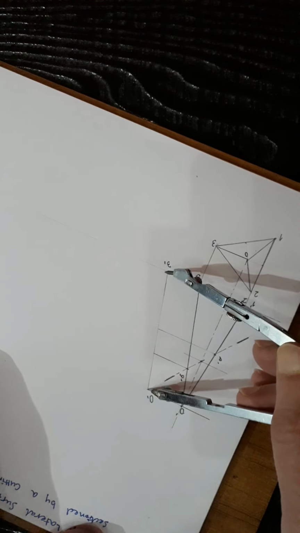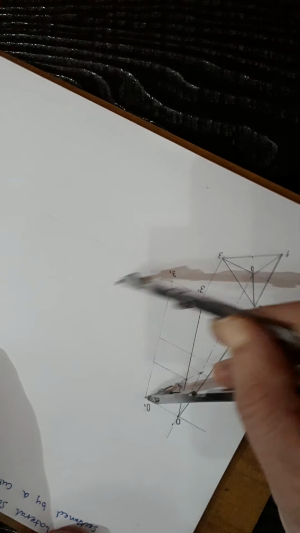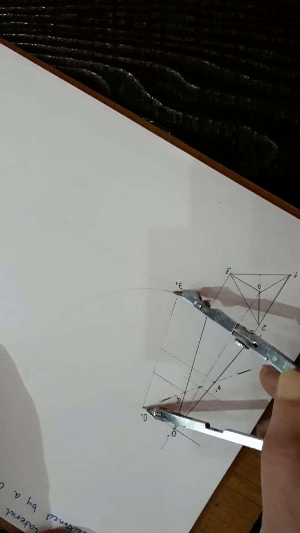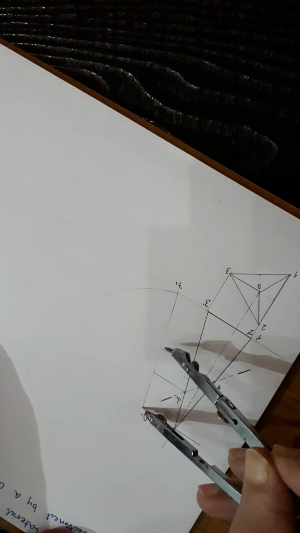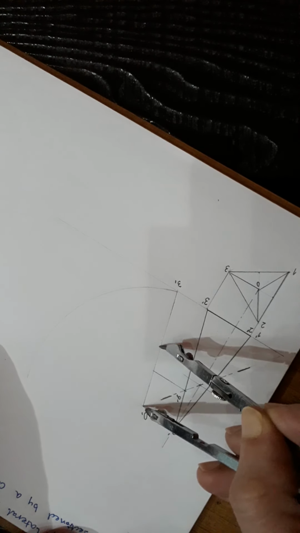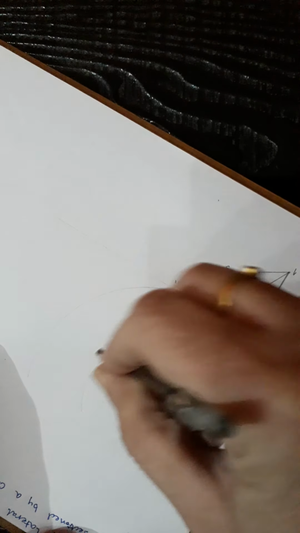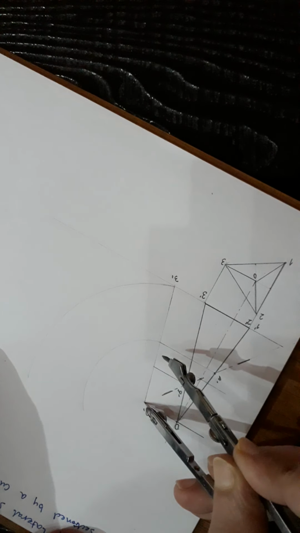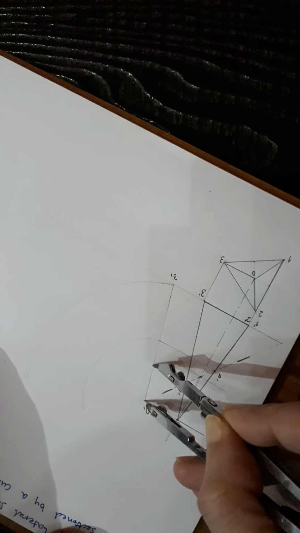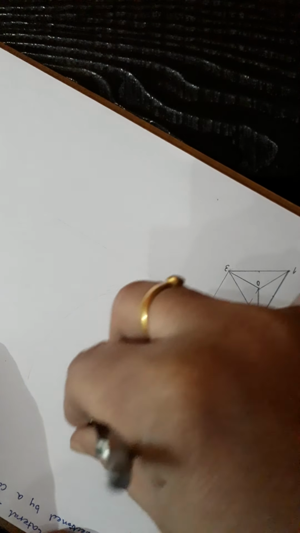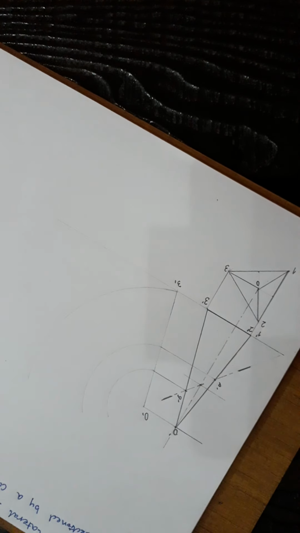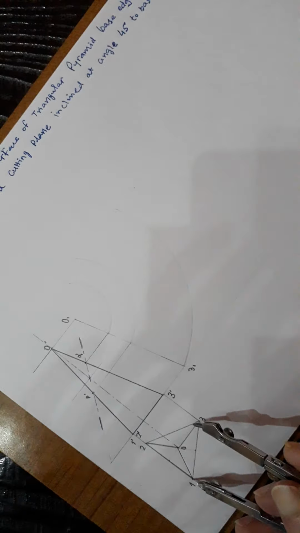Now with O1 as center and O3 as radius, draw an arc of suitable length. I am drawing an arc. Similarly with the line through p, draw another arc, and with the line through q, draw another arc of suitable length.